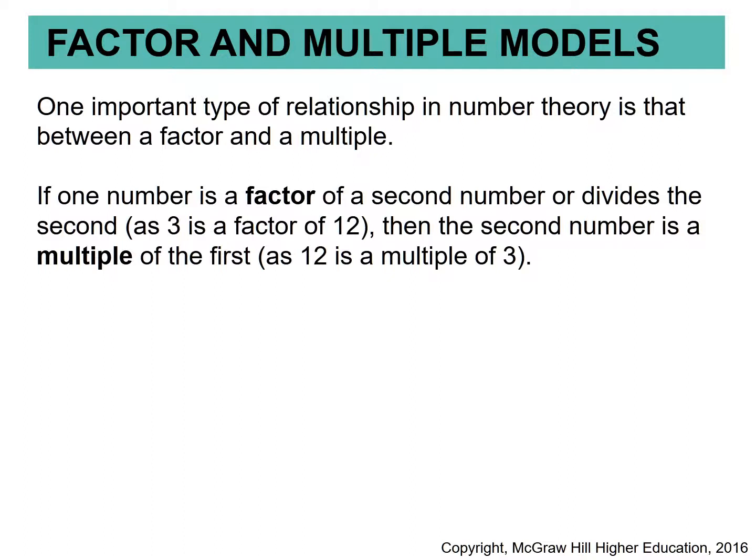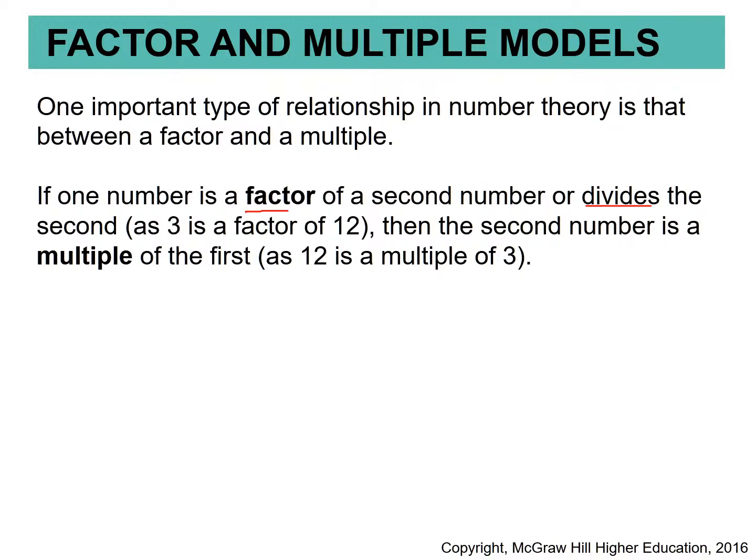So, what we say is that one number is a factor of a second number, or we can also say that the number divides the second number. Being a factor and divides is synonymous. So we say 3 is a factor of 12.